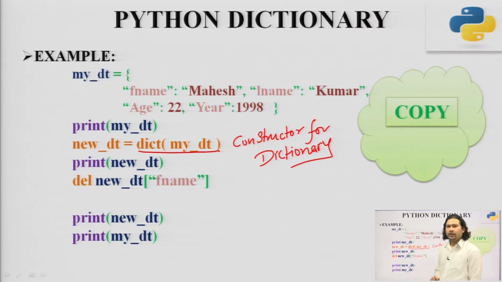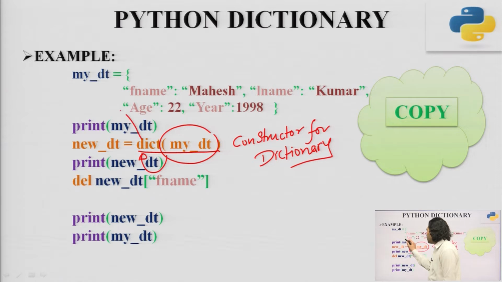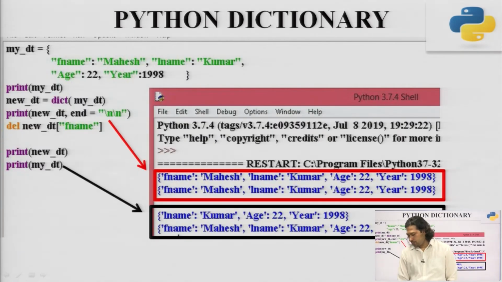So, we are calling the help of the dict constructor, and with the help of the dict constructor, additional information is given to the interpreter to provide the new set of my dt as the dictionary data type to new dt. With this process, again you can see that the original is totally unchanged.